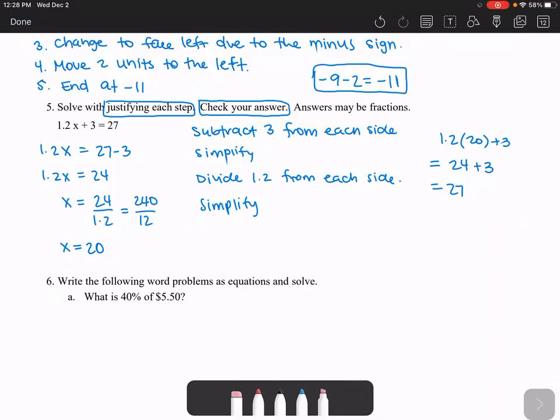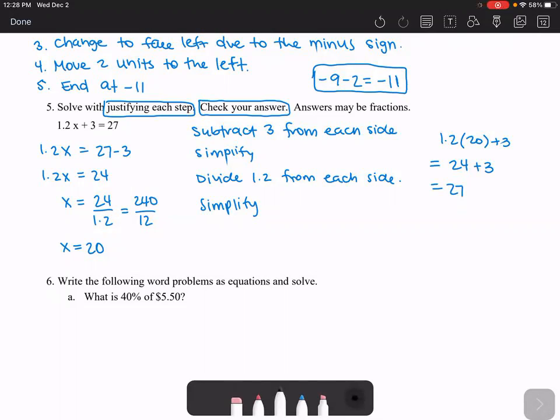Okay. Are there any questions about solving equations with rational numbers? When we do the justifying of each step, do we need to write out, like, move the decimal to the right when you do 24 divided by 1.2?